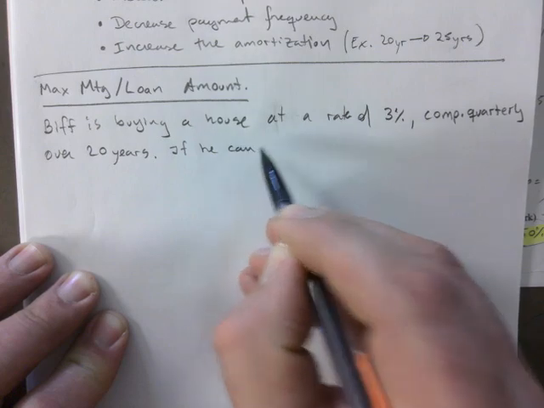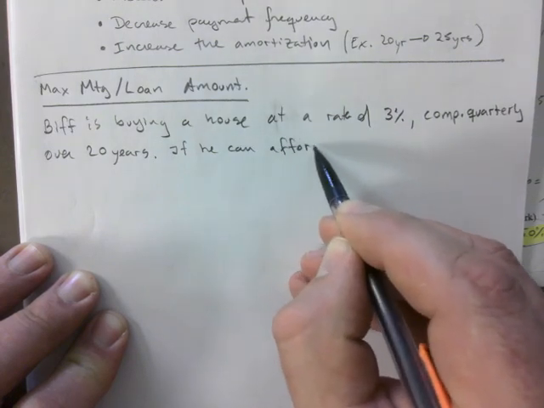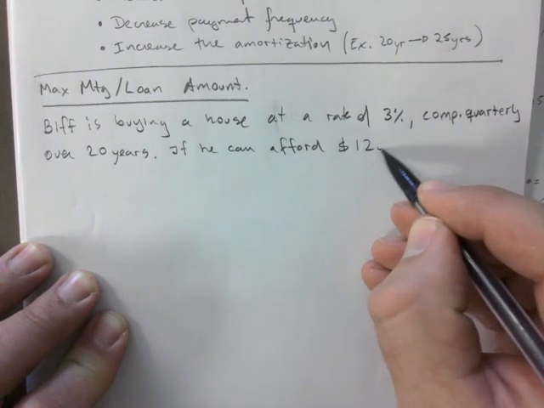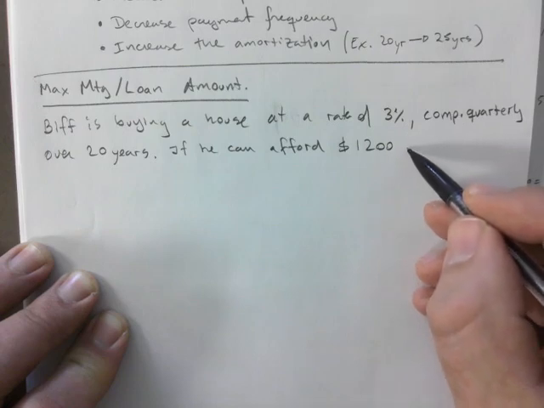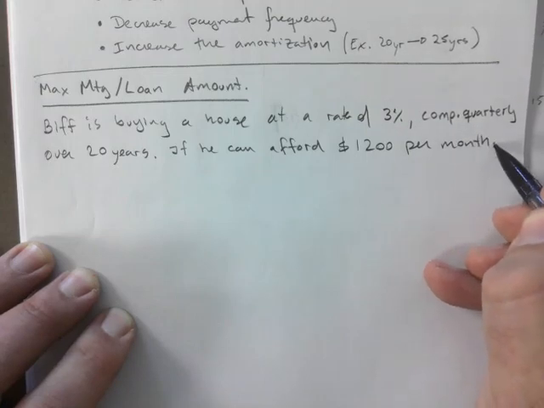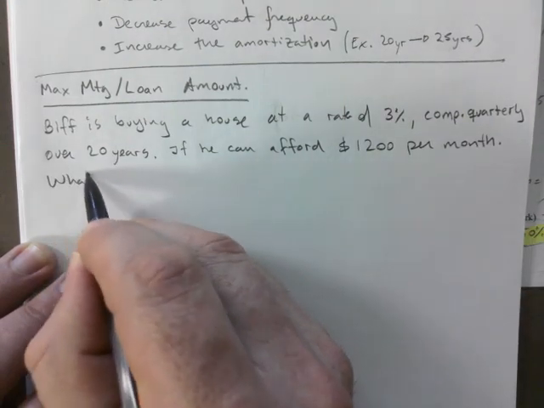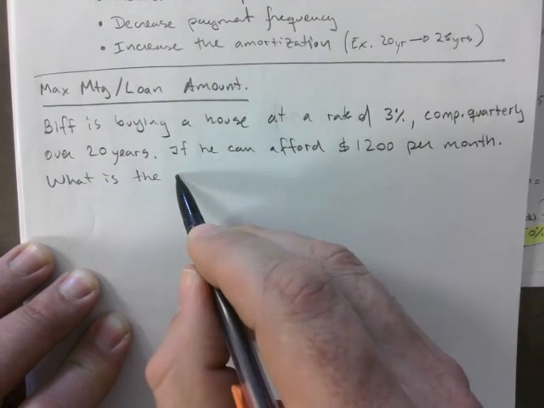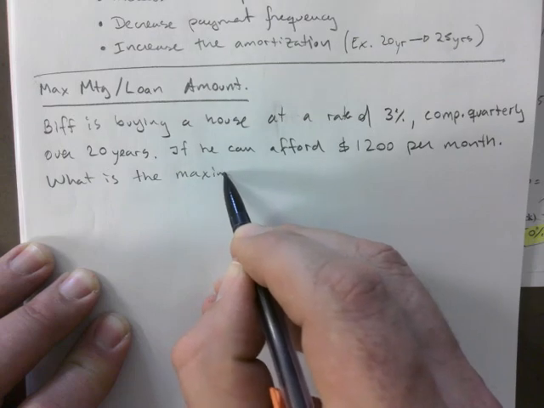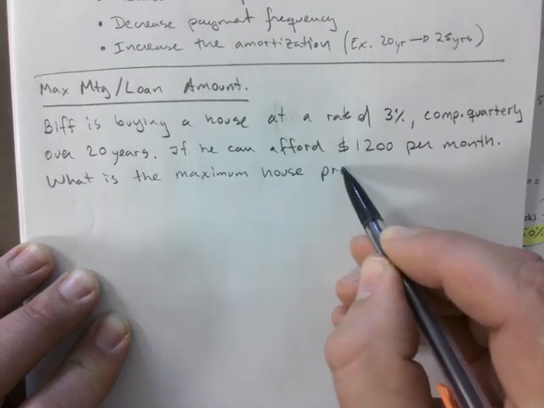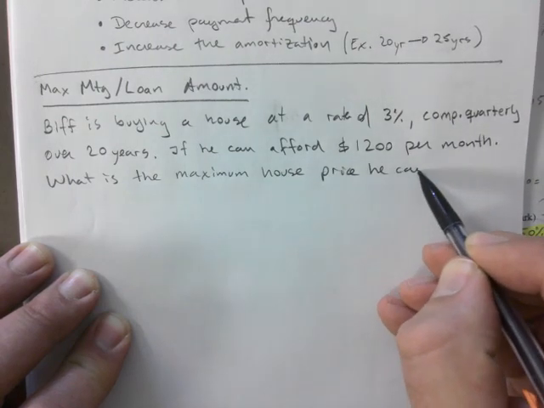If he can afford $1,200 per month, what is the maximum house price he can afford?